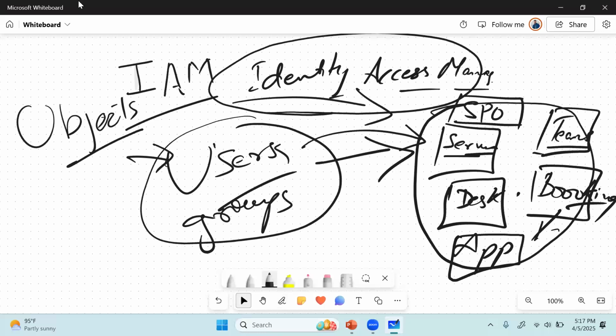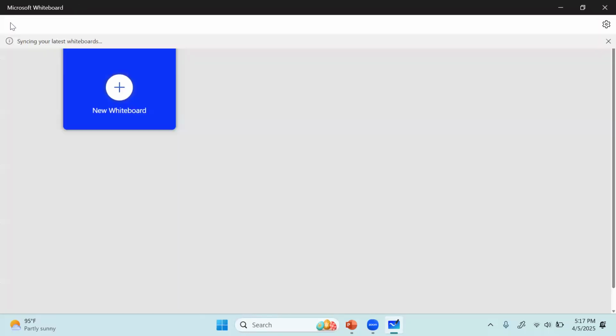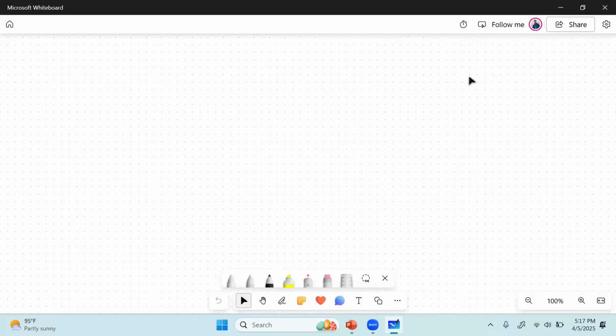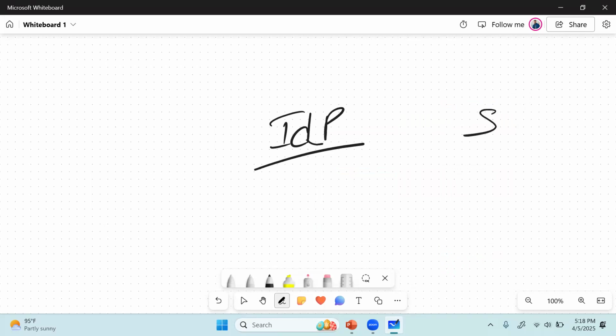Now, there are two more components in Entra or Active Directory: IDP, which is the identity provider, and SP, which is the service provider.